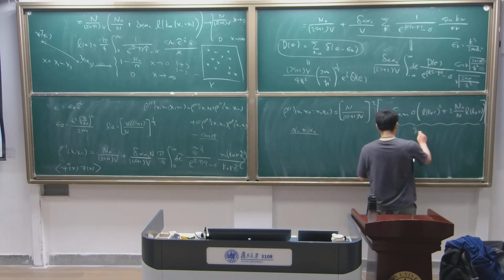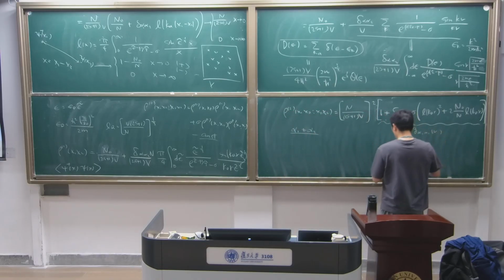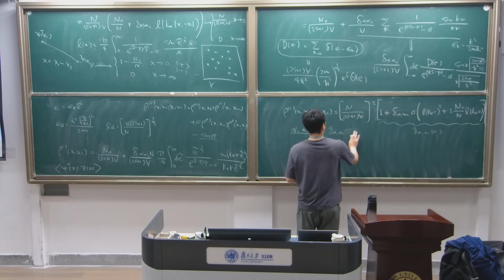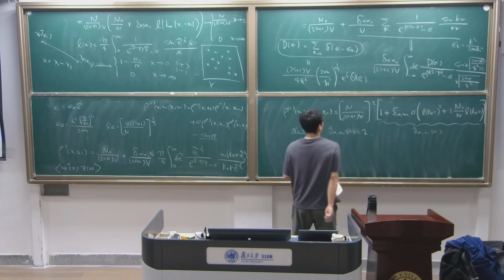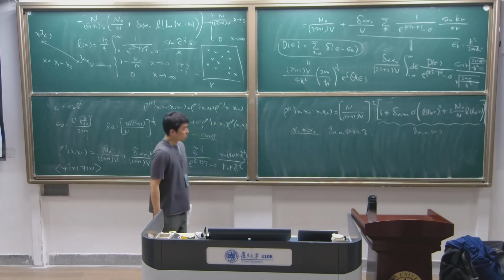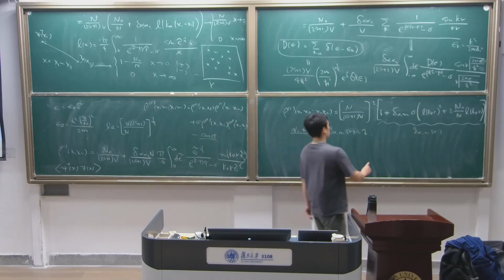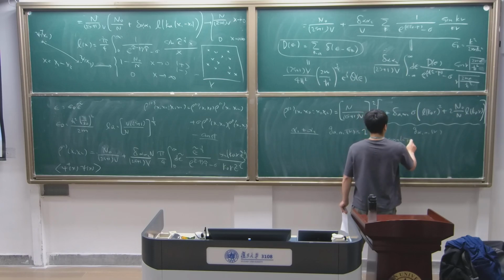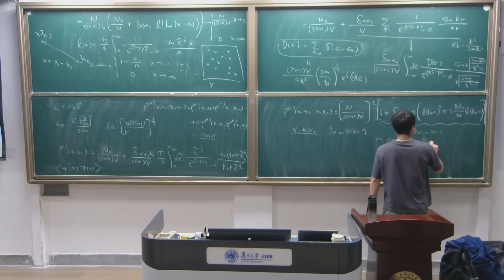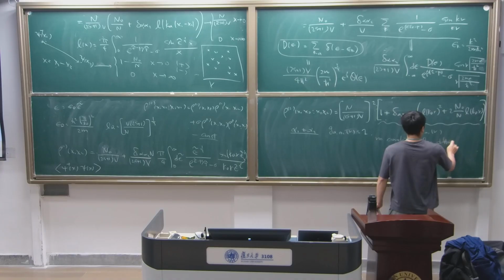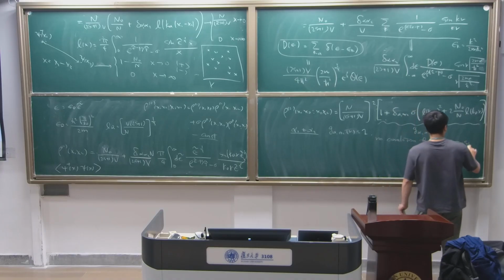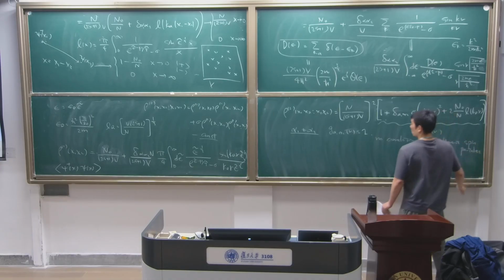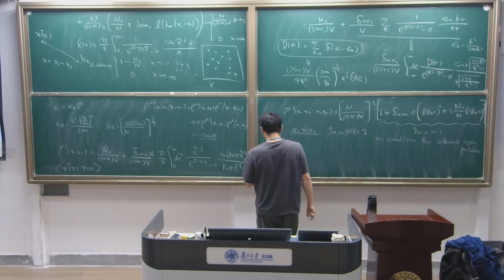I call this G alpha 1 alpha 2 of R. So G alpha 1 alpha 2 is always equal to 1, which means there is no correlation for different spin particles.